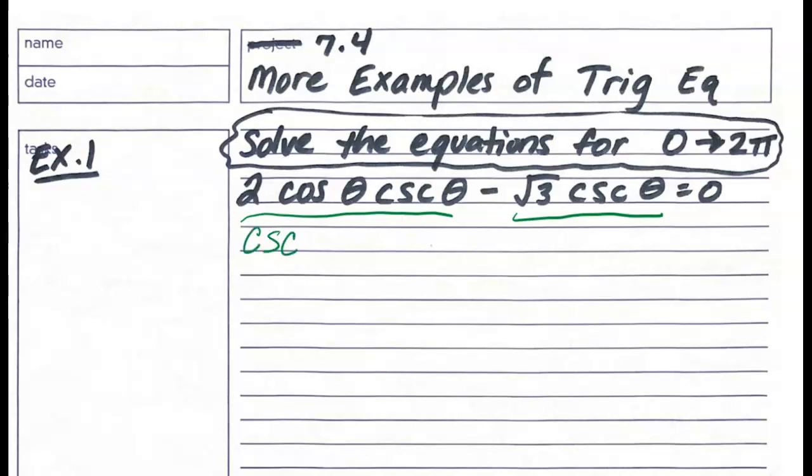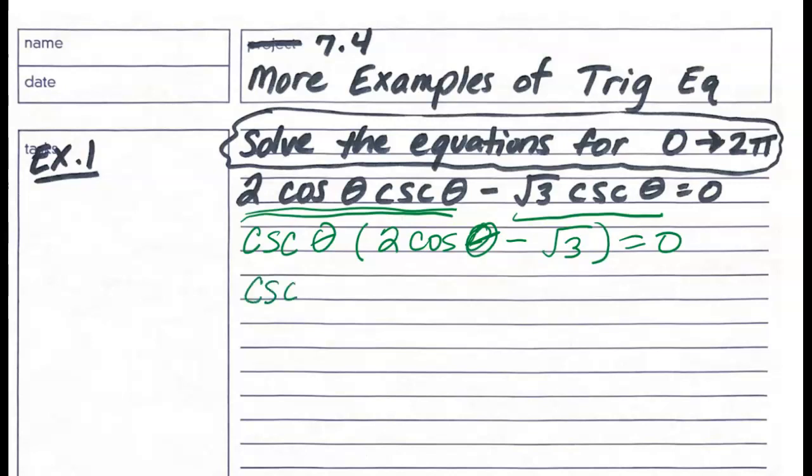So take out my cosecant theta. In this term, I'm just left with 2 cosine theta. In this term, I'm left with minus square root of 3. Still equal to 0. That's a bad theta, sorry. Now I got two terms being multiplied. I can just set each of them equal to 0.